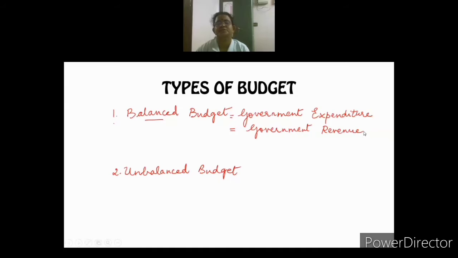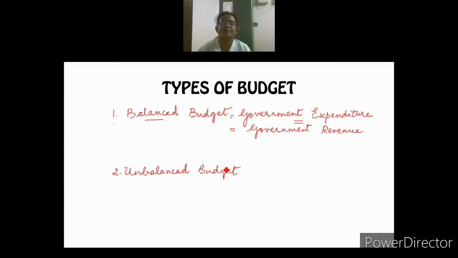So when the expenditure is equal to the revenue, we call it as balanced budget. Whereas when there is an imbalance, when the expenditure exceeds the revenue, we call it as unbalanced budget.